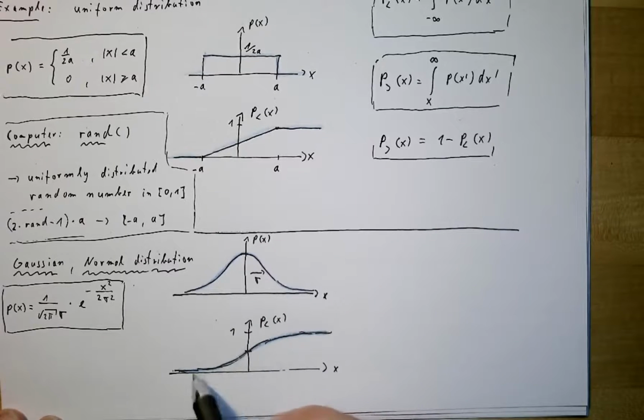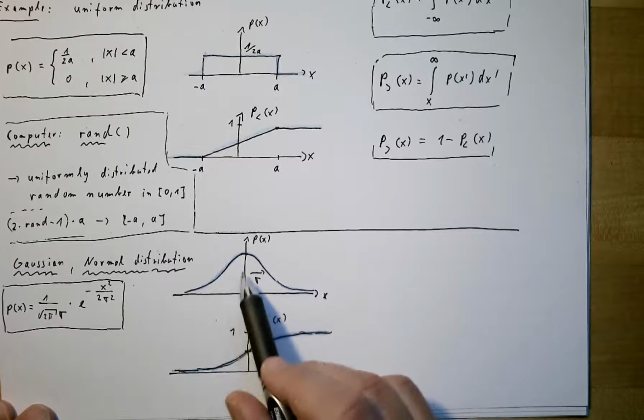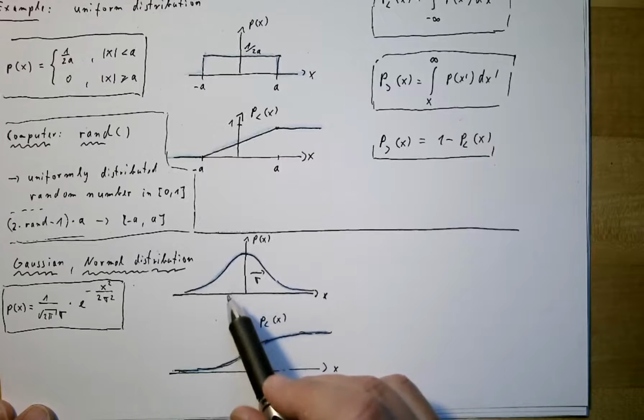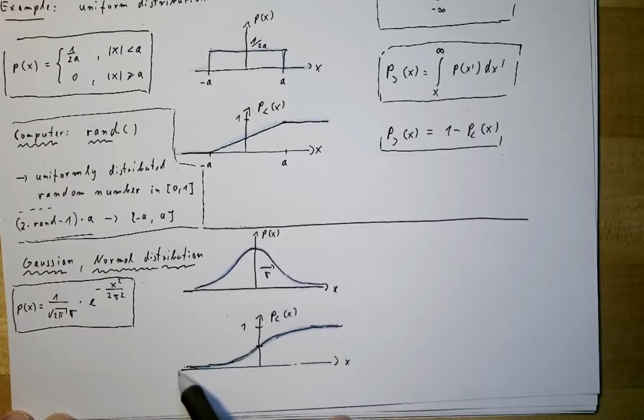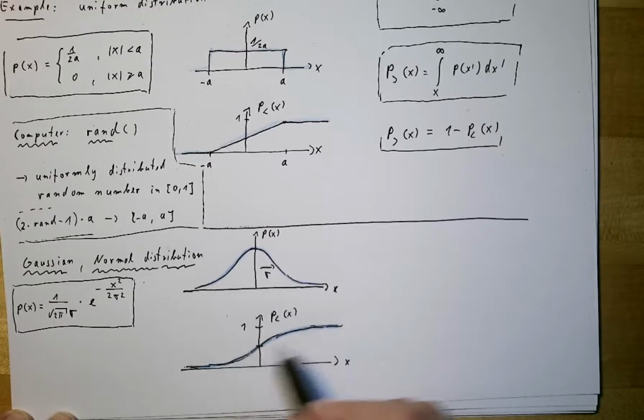For the cumulative distribution of the Gaussian, there is no analytic expression. And this function is so important that it gets a special name. It's the error function.